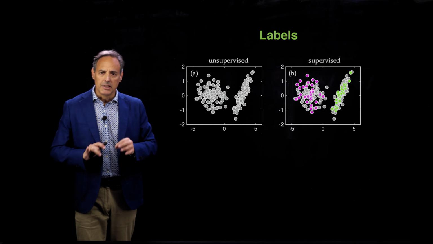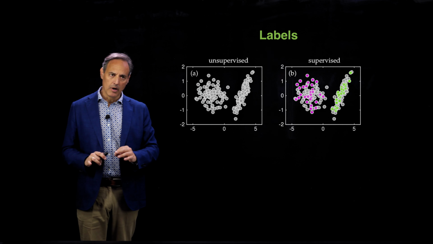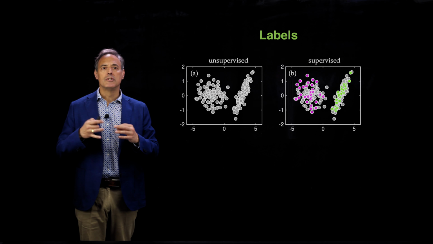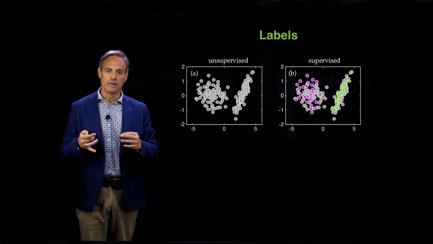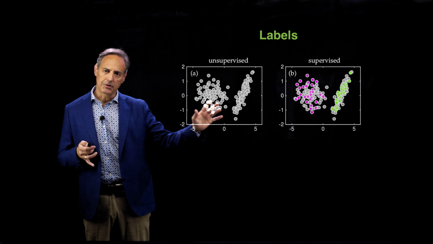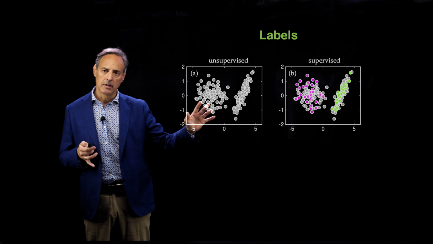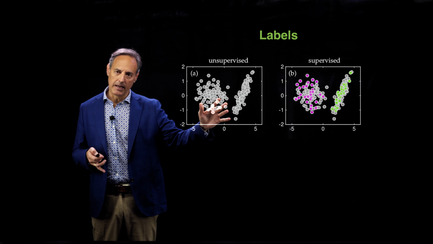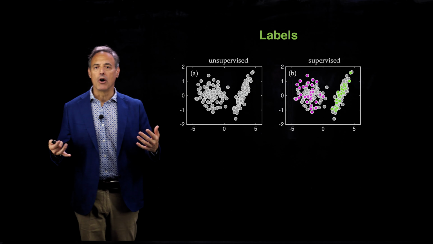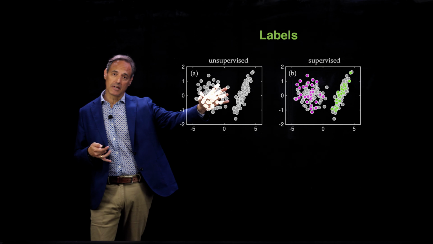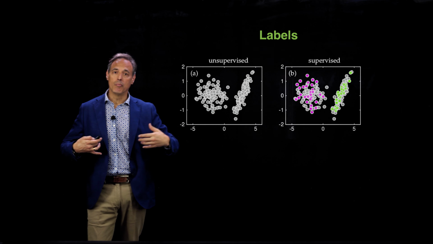First of all, just to formalize that a little bit more, I want to distinguish what we mean by supervised and unsupervised learning. What I'm giving you over here is two pictures. In the left picture here, actually it's your right picture, this one here, is a bunch of data points. Now they're all gray because I don't know what they are. I haven't given you any labels. So your objective with this data is to bring back labels.